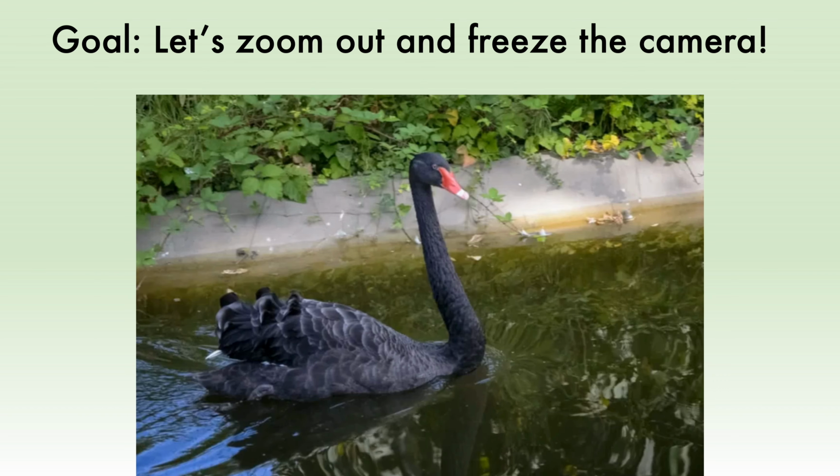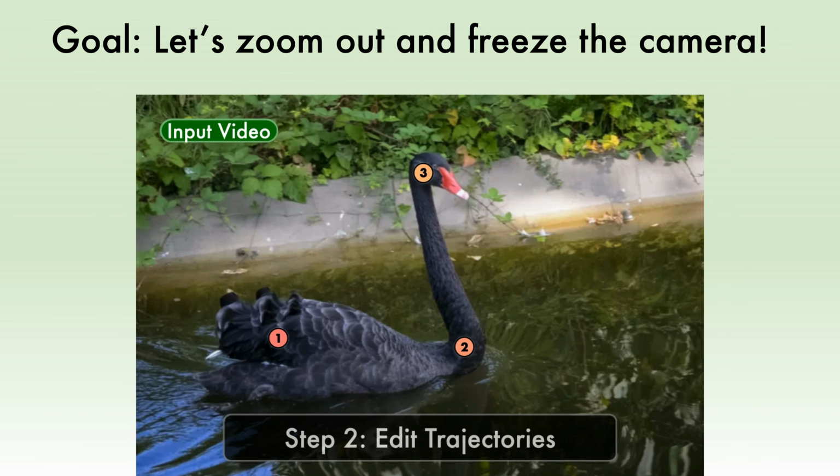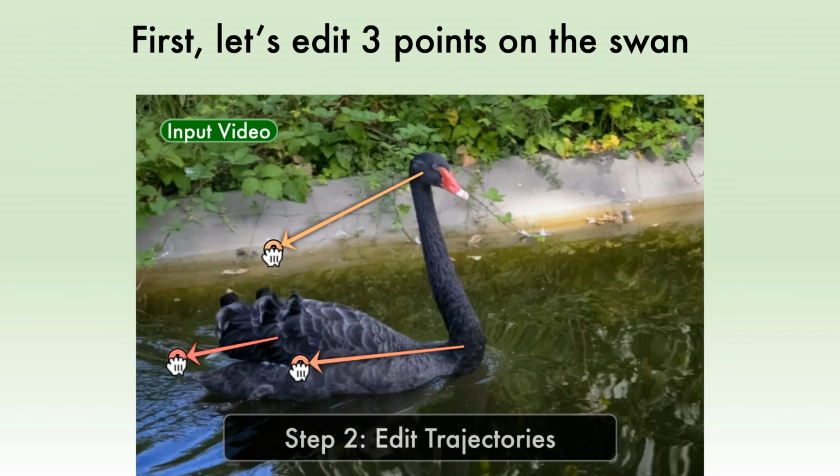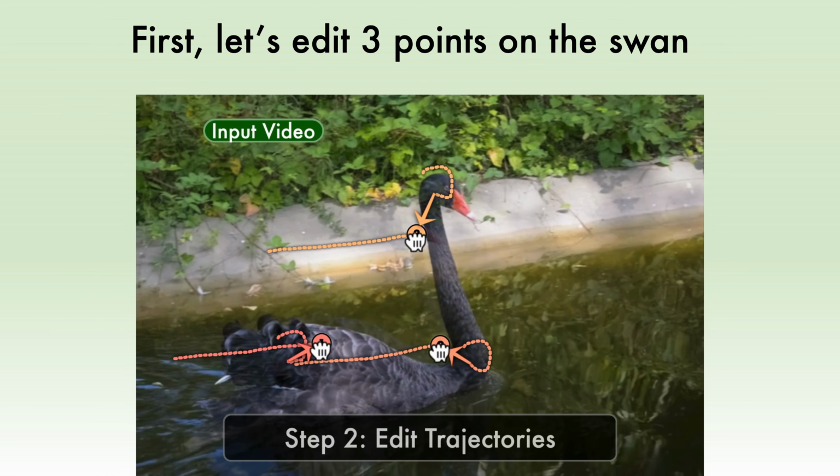So, like before, the first step is to add some tracking points to the swan. And after we've added those tracking points, it's time to edit them. We're going to make the swan a little bit smaller. And we're going to drag it so that it moves across the image instead of staying relatively stationary.